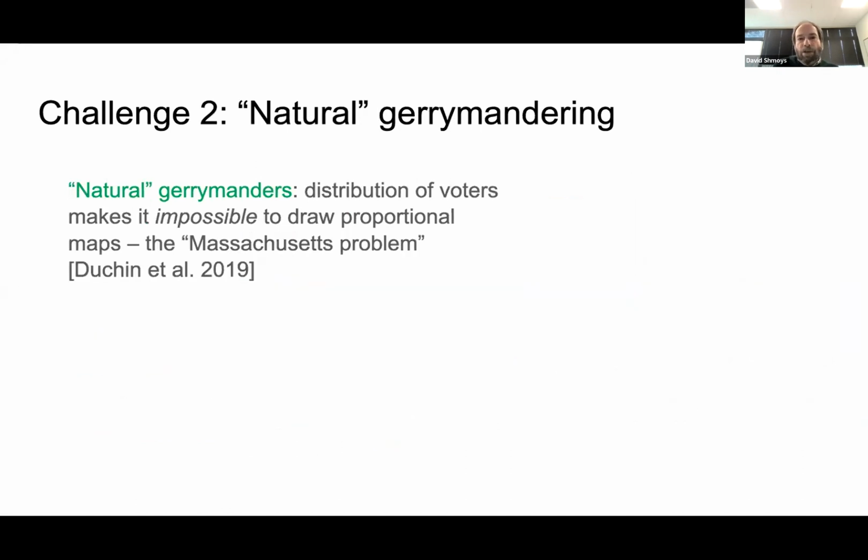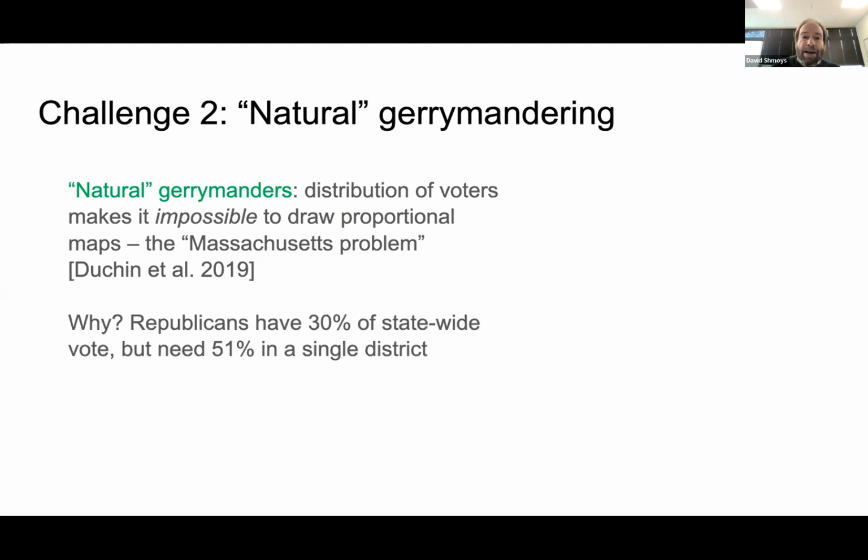In contrast to this, there's also a second challenge, which is perhaps less in the news, which I'll call natural gerrymandering, and that's that the distribution of voters makes it actually impossible to draw reasonable proportional vote maps.